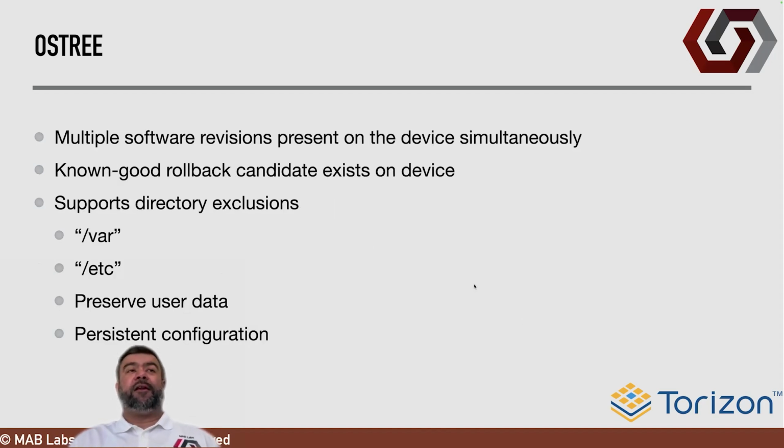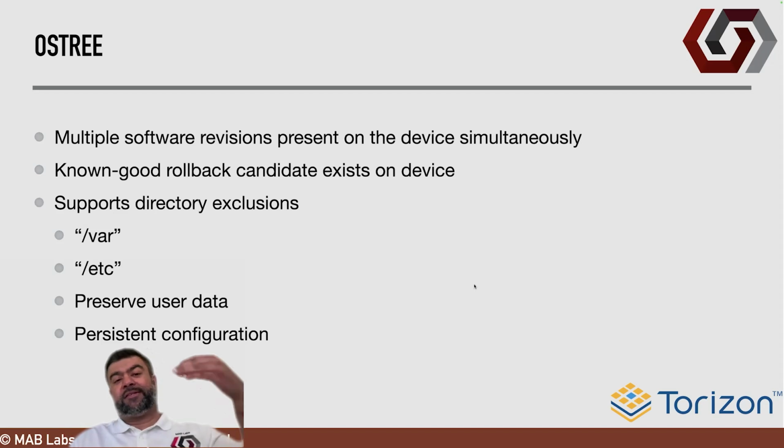The other relevant feature of OSTree is that, because your updates are on a file level rather than a partition level, you can have multiple software revisions present on the device simultaneously. The advantage is that you can have a known good candidate that already exists on your device. At some point you must have updated the device or flashed an initial image onto it, and that becomes your baseline image.